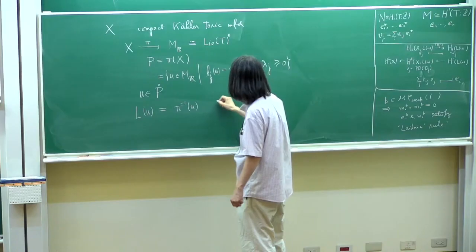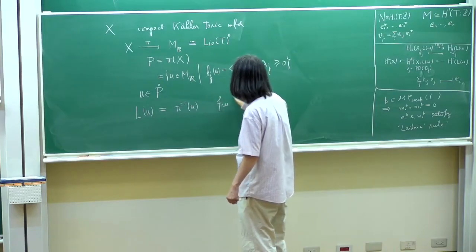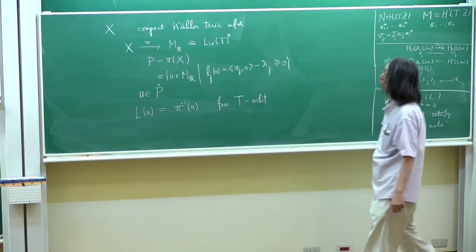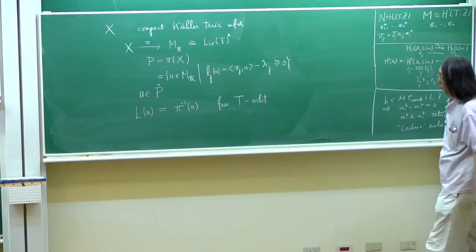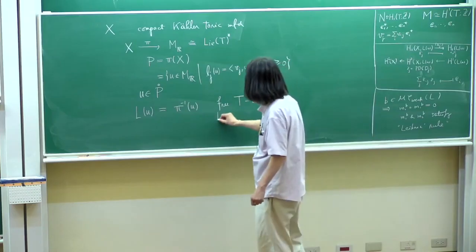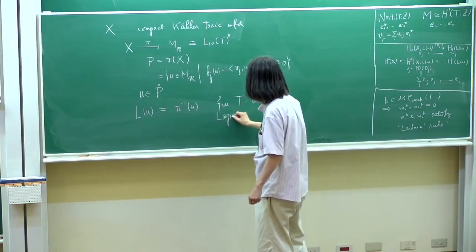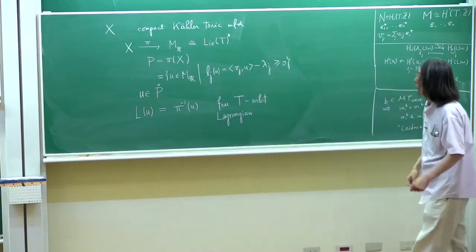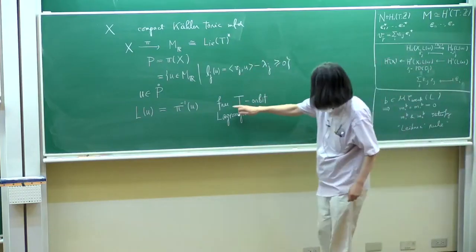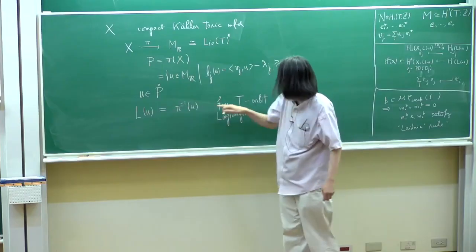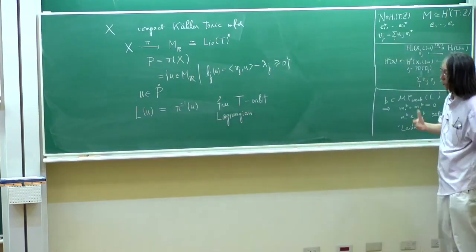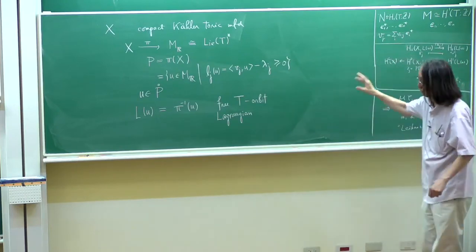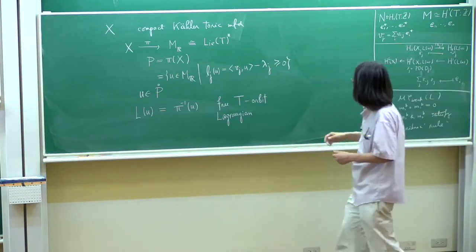It is also easy to see that this is Lagrangian. And because this is a torus, you can identify it with a torus, therefore it certainly has a spin structure. It has many spin structures, but anyway, it has a spin structure.